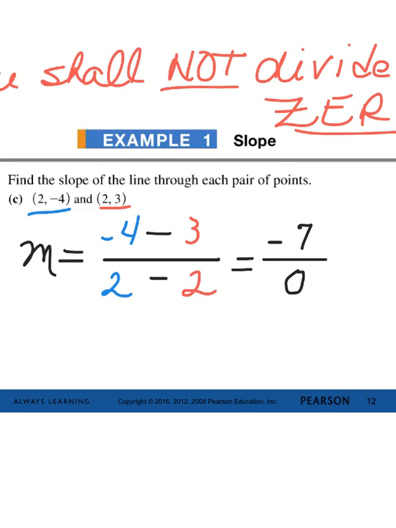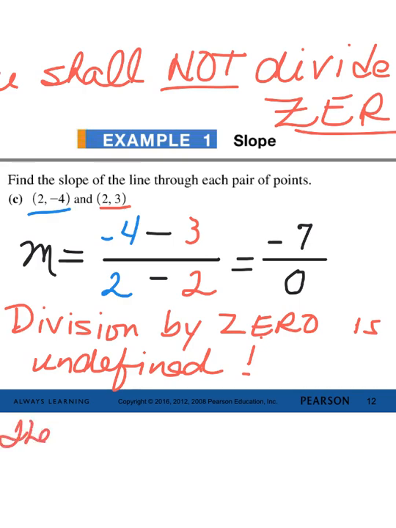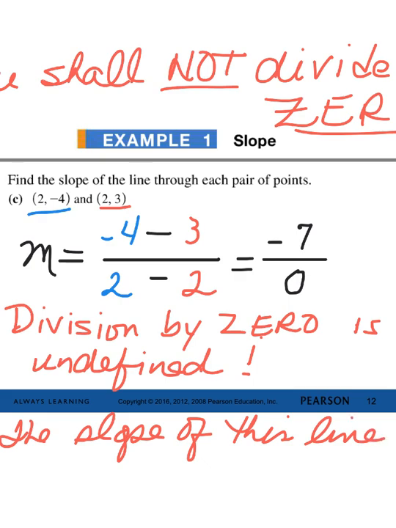Because division by 0 is undefined. It is not an allowable arithmetic operation. Therefore, we say that the slope of this line is undefined.